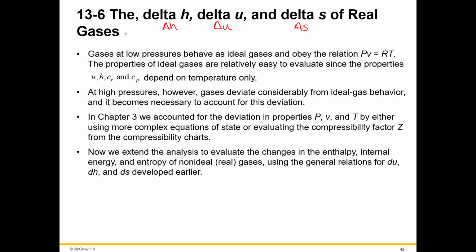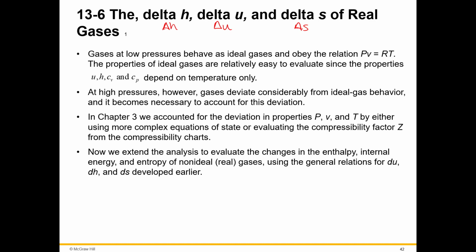At high pressures, the gases deviate considerably from ideal gas behavior. So if it's at really low pressures, we assume that the behavior is ideal gas-like. And then as it deviates from that, then it deviates considerably from the ideal gas behavior.